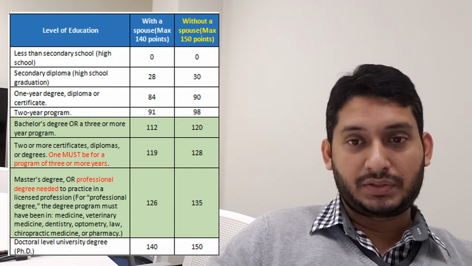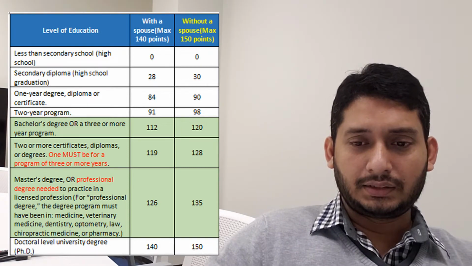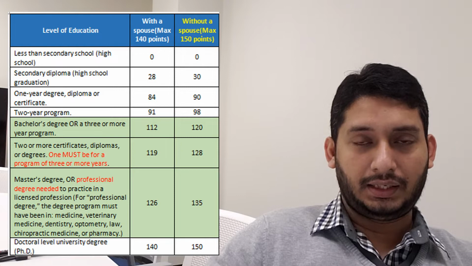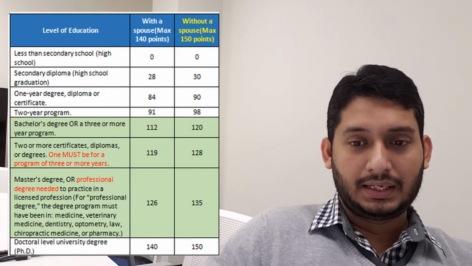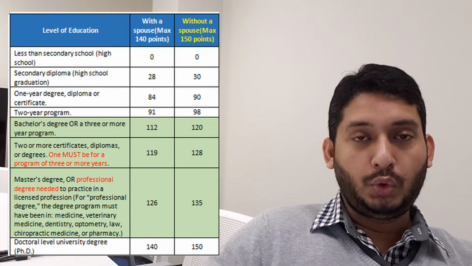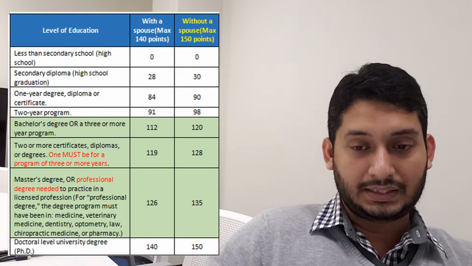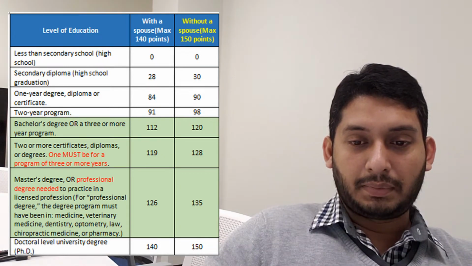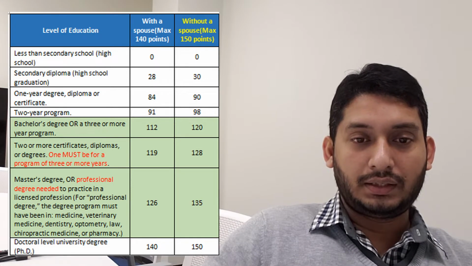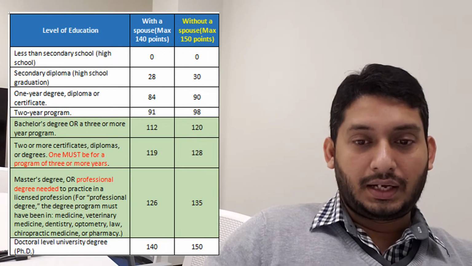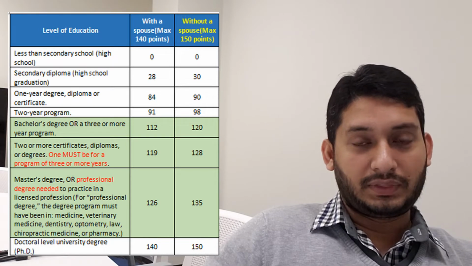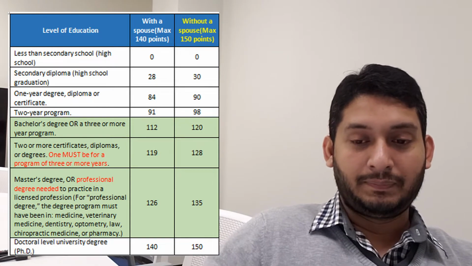You can see the points from here again. And one more thing I want to highlight, as you can see, is the 2 or more certificates. If any of you fall under this category, please remember that at least 1 degree has to be 3 years. Okay, so you need to make that clear.